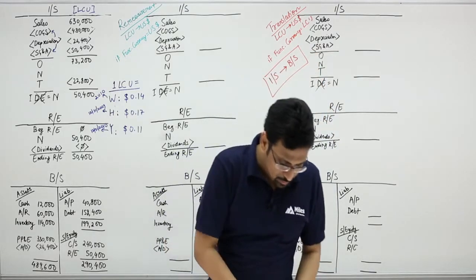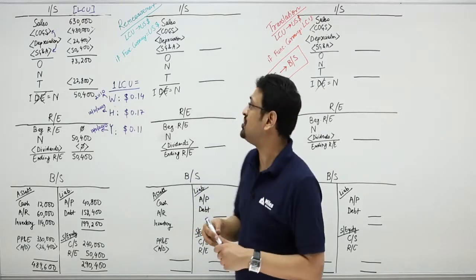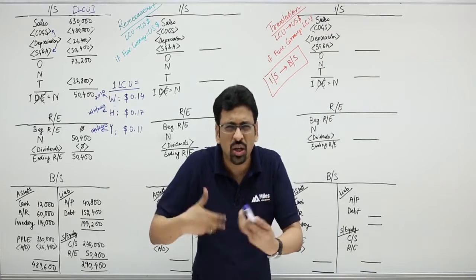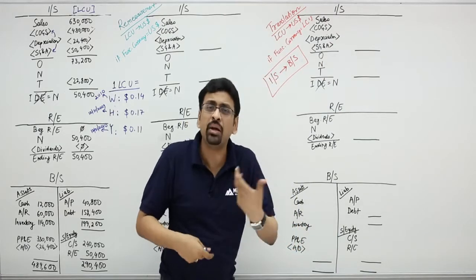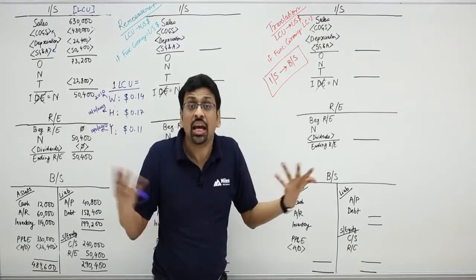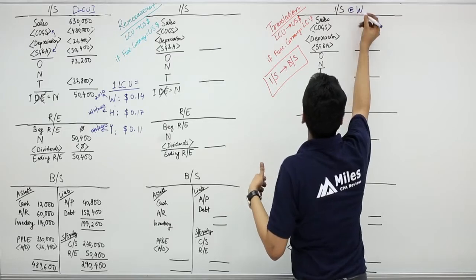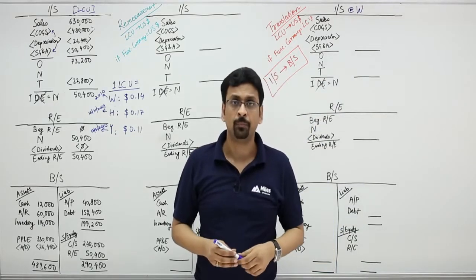On the income statement, we're going to use the weighted average exchange rate, because the income statement is during the year, right? Sales have happened during the year. COGS, the goods have been purchased during the year. SG&A during the year.